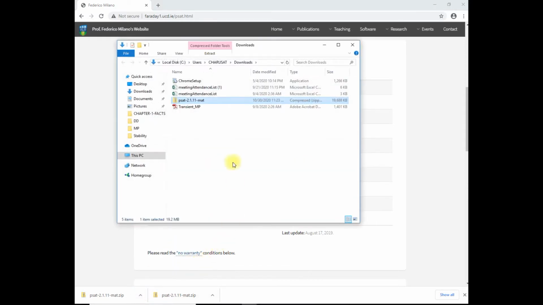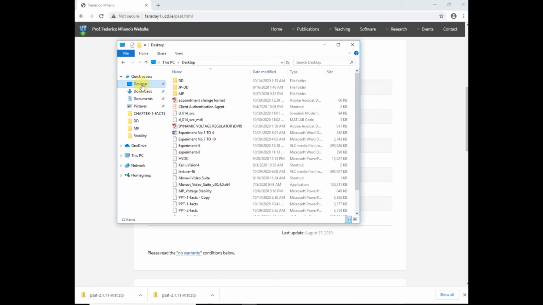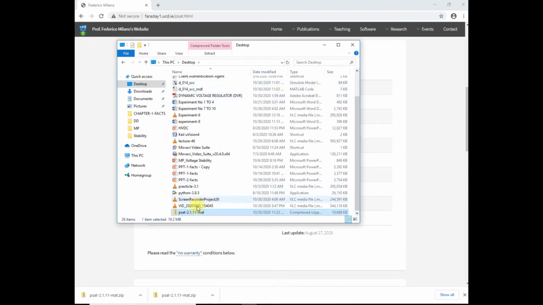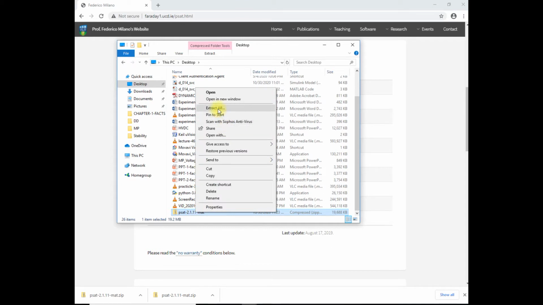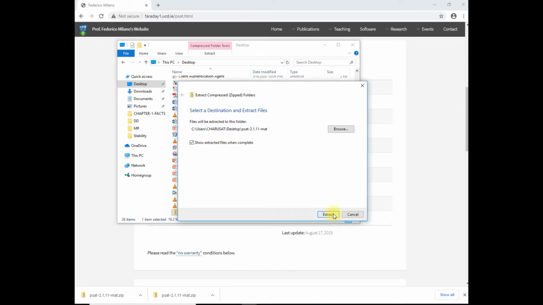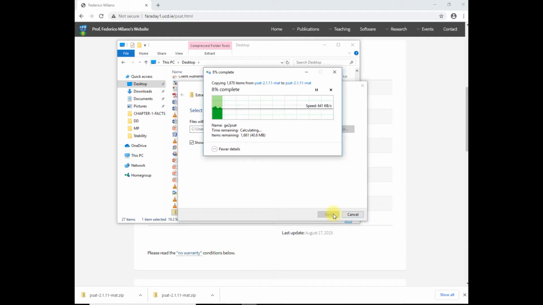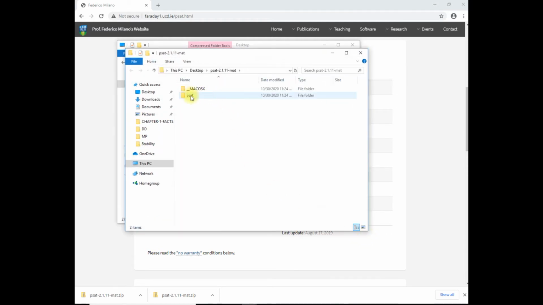Open this file and extract all the files of this PSAT here.